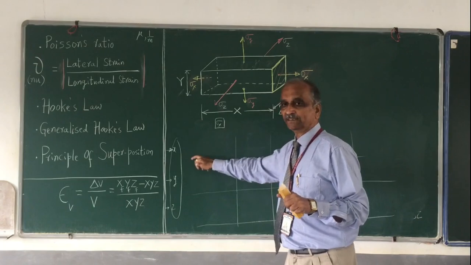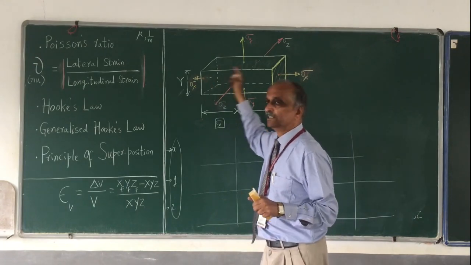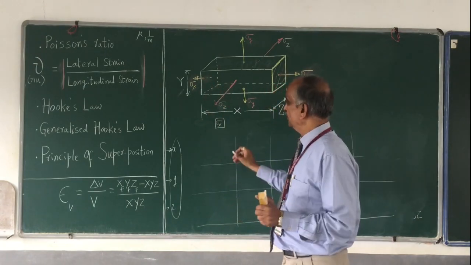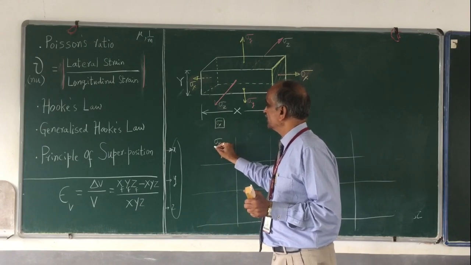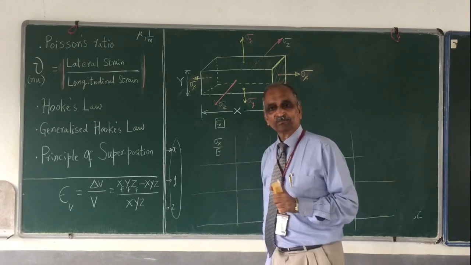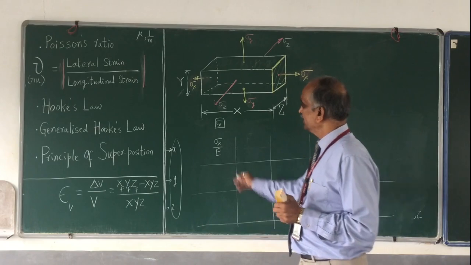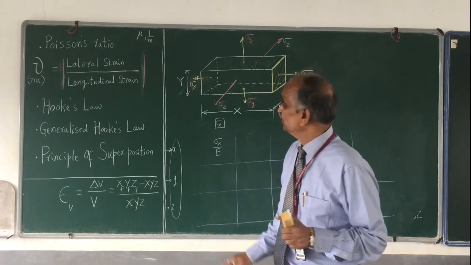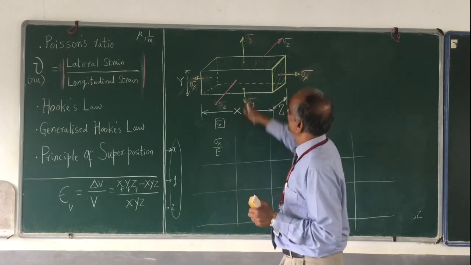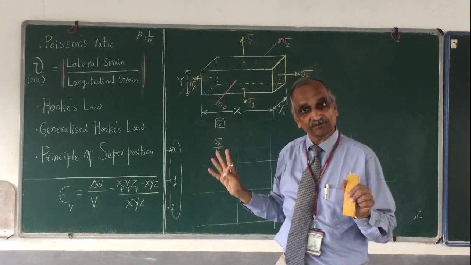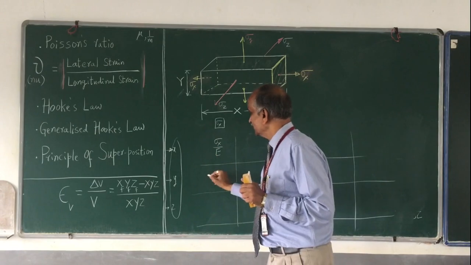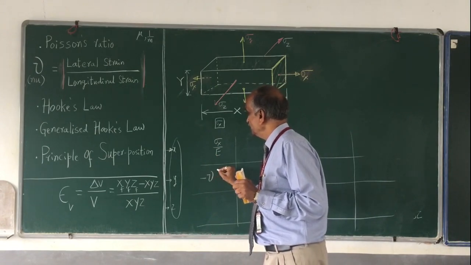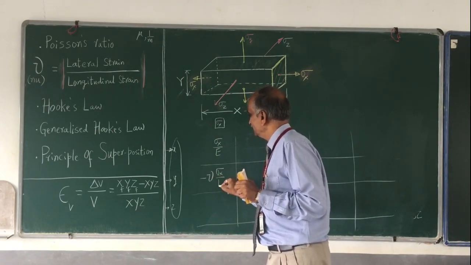Sigma x along the x axis is longitudinal, so definitely I shall write it as sigma x by E. And due to sigma x along the y axis, it is lateral. Therefore, it is minus mu into sigma x divided by E.